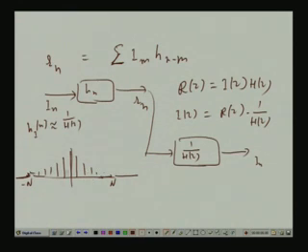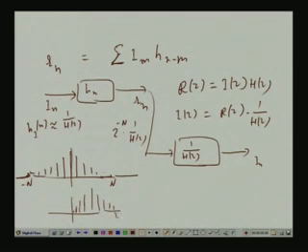Now, this is your h I n, and this is not realizable in practice. But if I have the inverse z transform of z to the power minus N by H z, the corresponding filter response will be what? A delayed version of this, delayed by capital N, and that will start here, to n minus 1. This is realizable because this is causal.